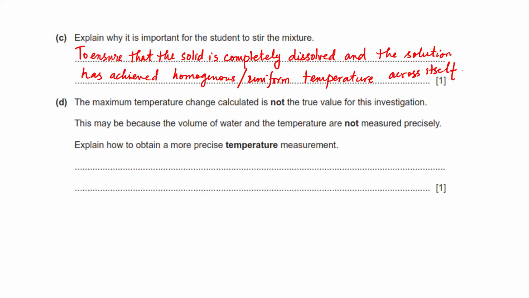So remember, we are measuring with the help of a thermometer. The minimum measurement unit is 1 degree C. Okay. So a more precise thermometer can be used, or a digital thermometer can be used, that can give you values up to 2 decimal places or 1 decimal place.